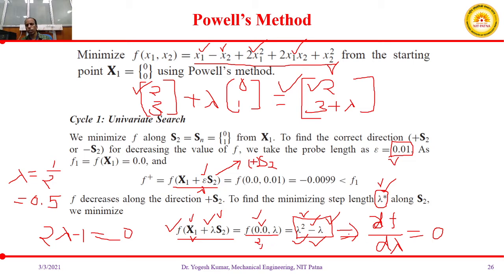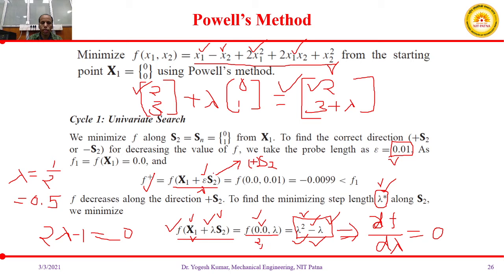Okay, so I hope this is clear to all of you, how you are calculating the value of lambda. First we are trying to find out the direction in which the value of your function is supposed to decrease, or you can say you are trying to find out the direction in which your function is getting minimized.